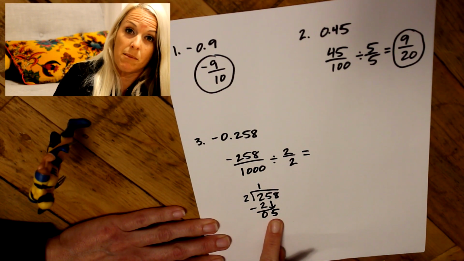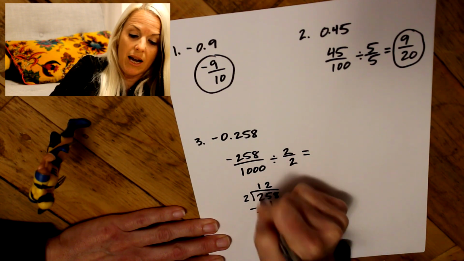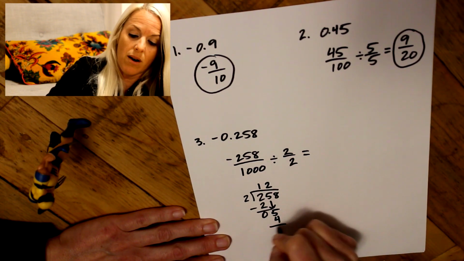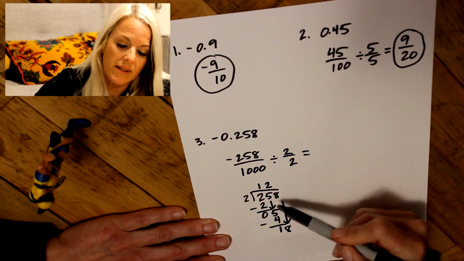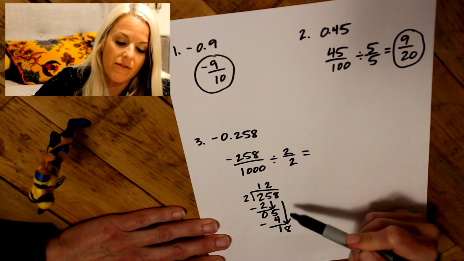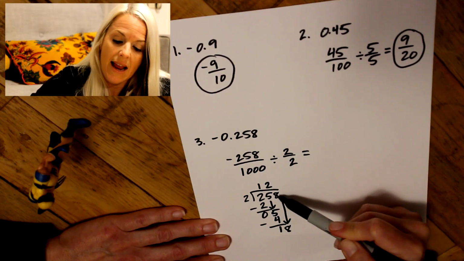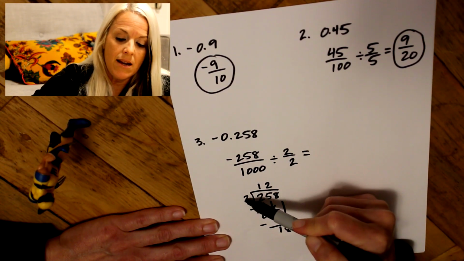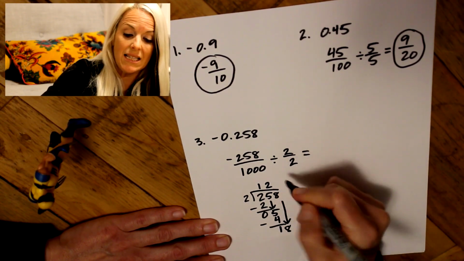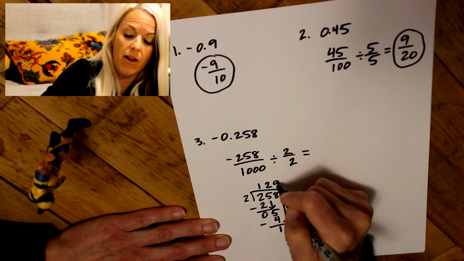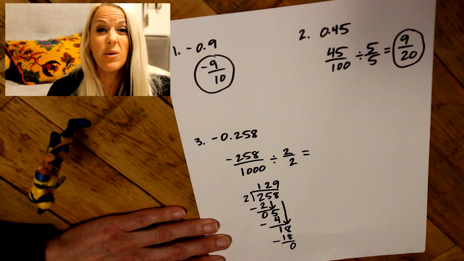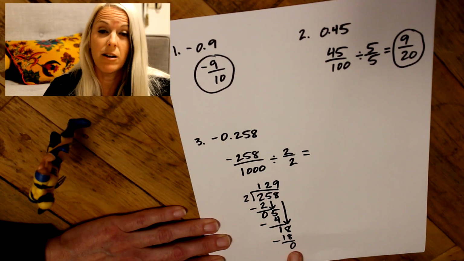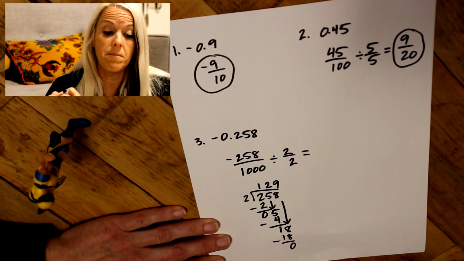We're gonna ask how many times 2 goes into 5. That's 2 times. 2 times 2 is 4. We subtract, bring down that 8, and look at all that precision. That arrow brought that 5 just down right in line. That 8 came down just right in line. 2 goes into 18 9 times. We're gonna place that 9 above the 8. 9 times 2 is 18. We subtract that 0. So because we have a remainder of nothing, we know we're done.